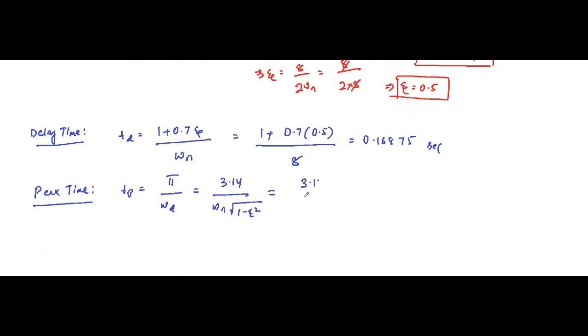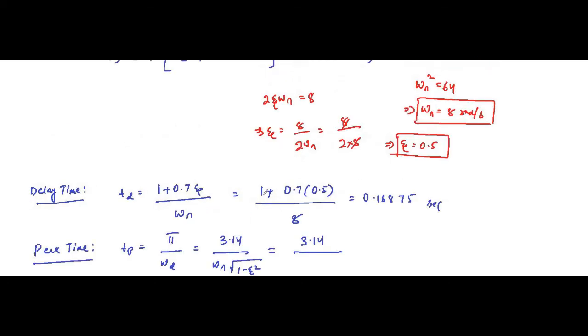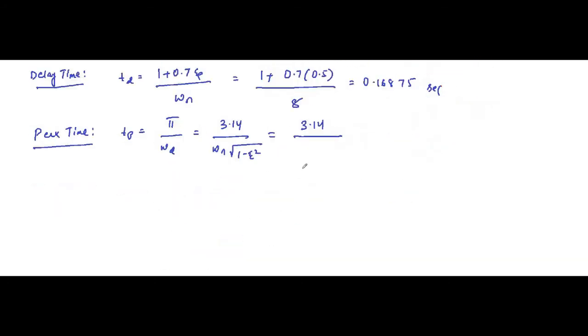Omega n we calculated is 8, zeta is 0.5, so it is 8 into root over of 1 minus 0.5 square. That is coming around 0.4532 seconds.